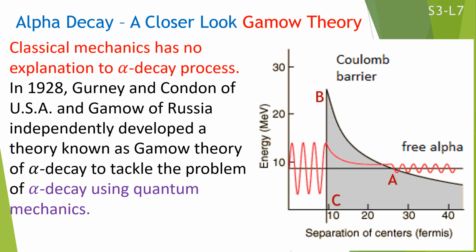Calculations based on Coulomb's law show that the point B corresponds to an energy of about 25 mega electron volts for higher Z elements. I mean to say that this potential is of the order of 25 mega electron volts. The scale is already mentioned, in mega electron volts.